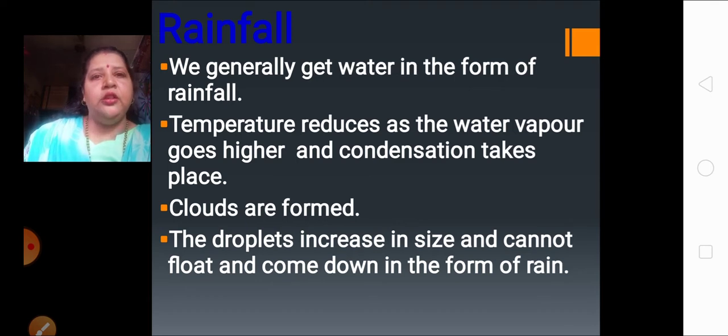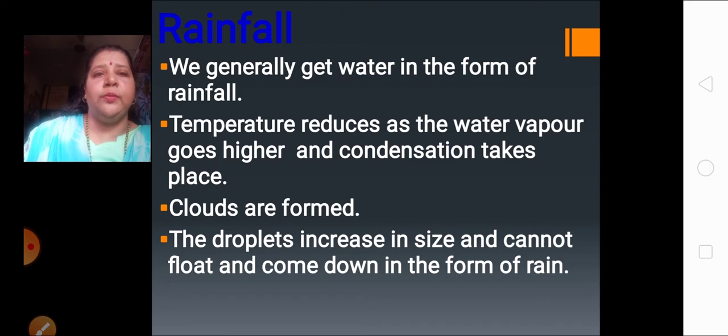The droplets become larger and larger in size and cannot float, and come down in the form of rainfall. Understood? Now children, rainfall is of three types: convectional rainfall, orographic rainfall and cyclonic rainfall. Let's learn in detail about these types of rainfall.